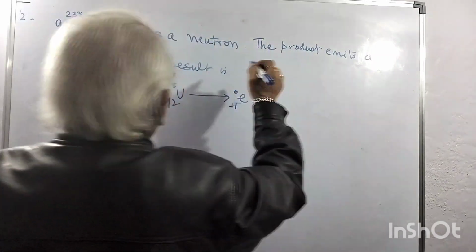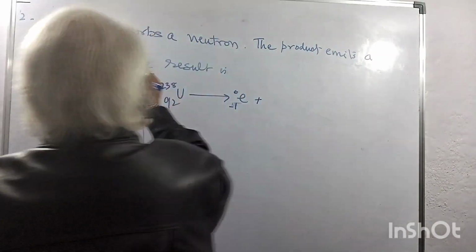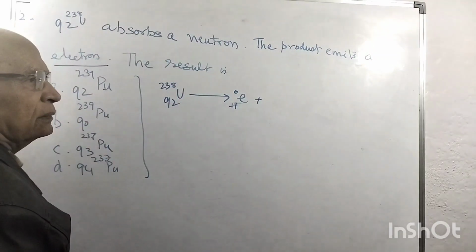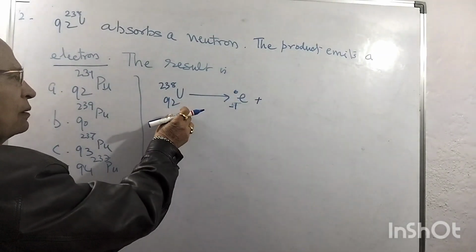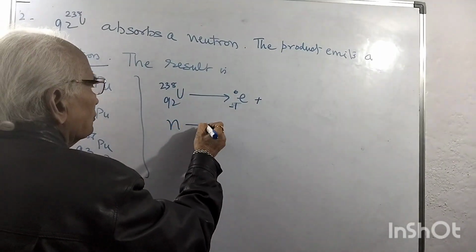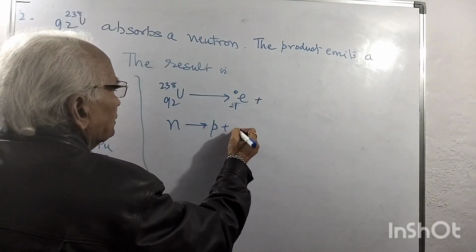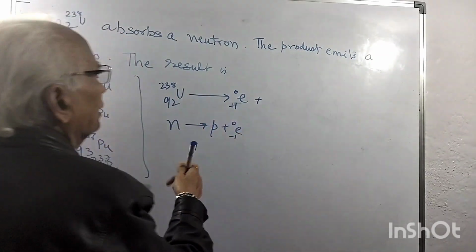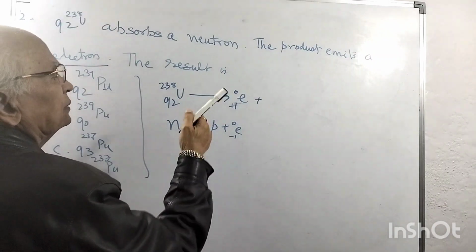How does the product emit an electron? Electron going out means neutron changing to proton.